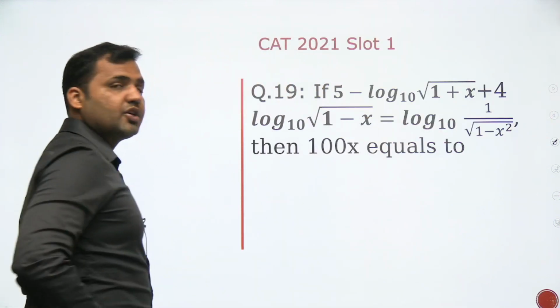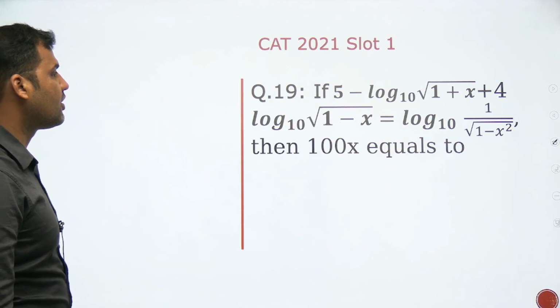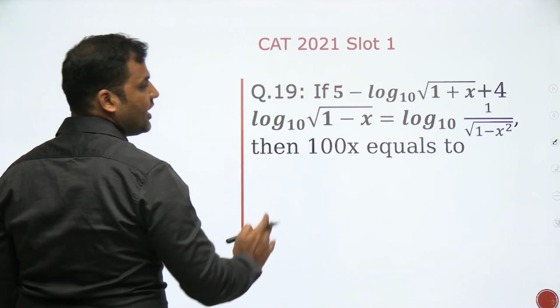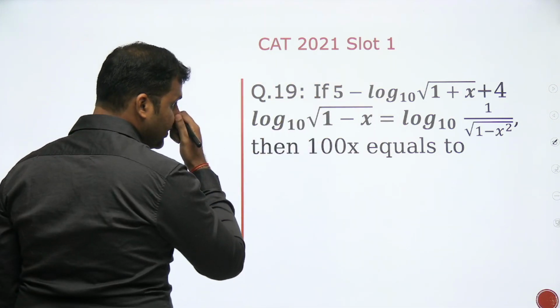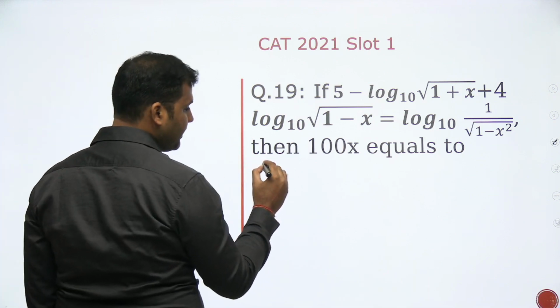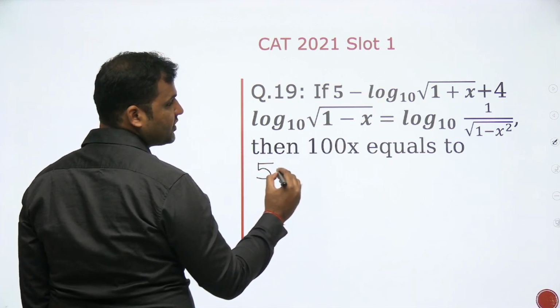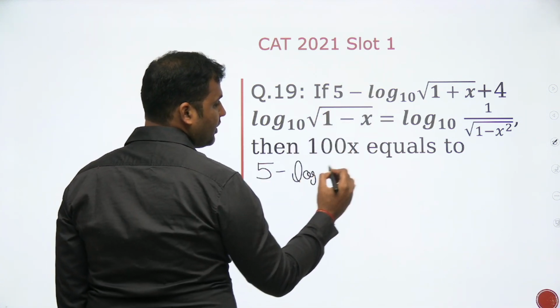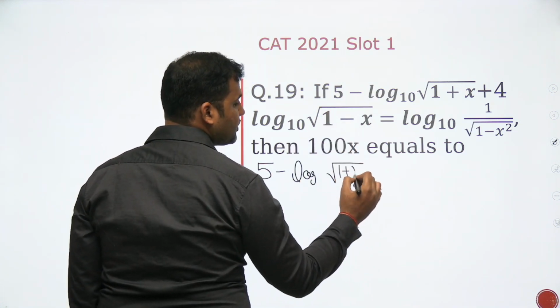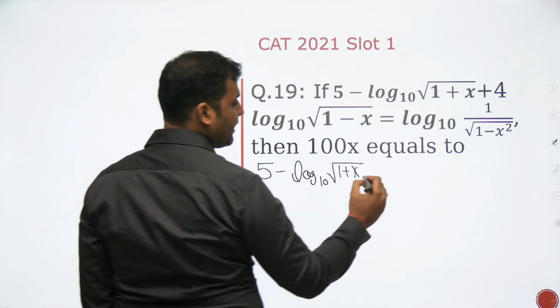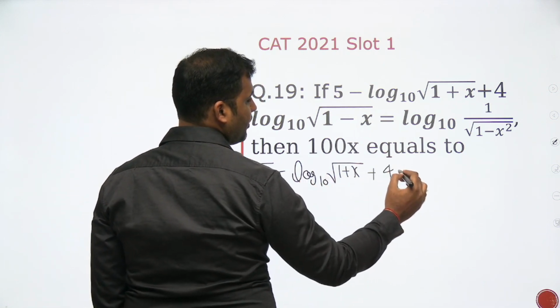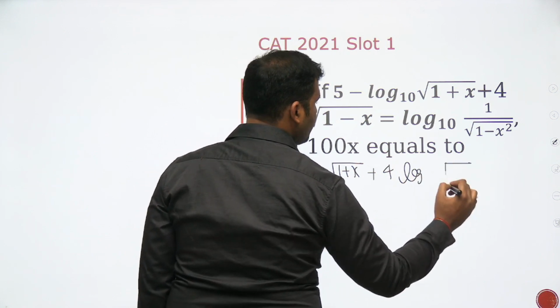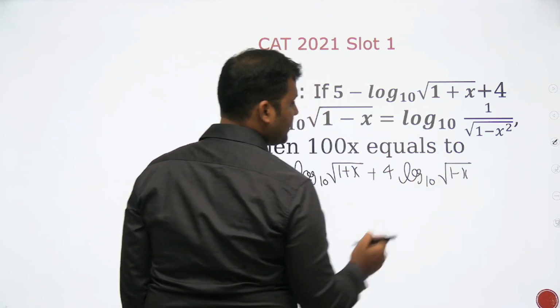Okay, here's one more question of algebra from logarithm, guys. This was again a very simple and easy question. If you look at this carefully, it is given as 5 minus log root 1 plus x to the base 10 plus 4 log root 1 minus x to the base 10.